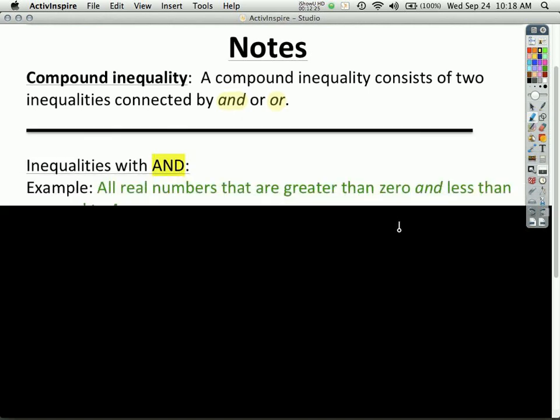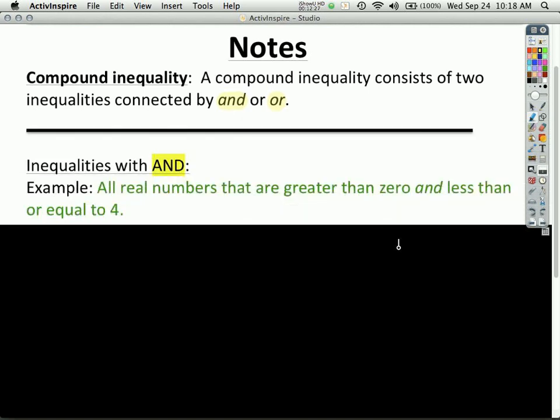So this is an example of an and inequality. This is what it is like written out in English. All real numbers that are greater than 0 and less than or equal to 4. So a compound inequality is really two inequalities. So where in this sentence are the two inequalities? Let me show you.